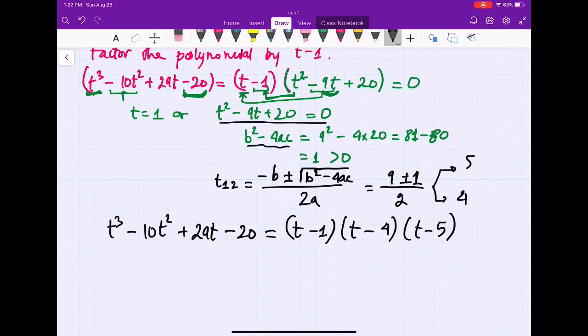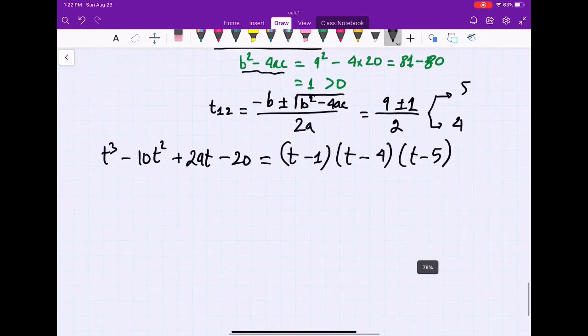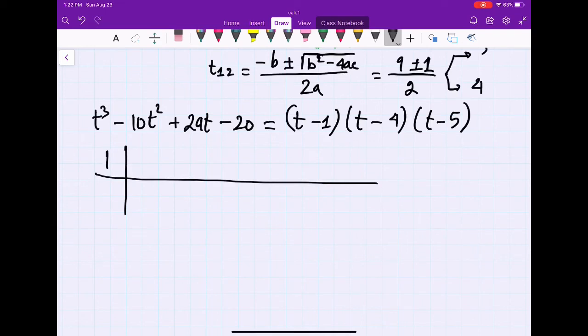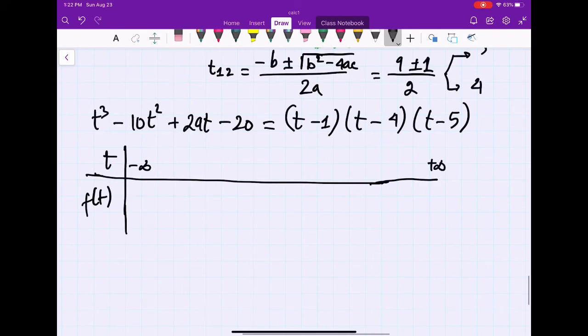Okay? And now we need to consider the sign of this polynomial on those intervals. And we do this a lot when we study the first derivative, right? So we need to make the chart. In the first row, we have t. In the second row, we have the function, right? Because we want to see the sign of the function. So the function is from negative infinity to positive infinity.